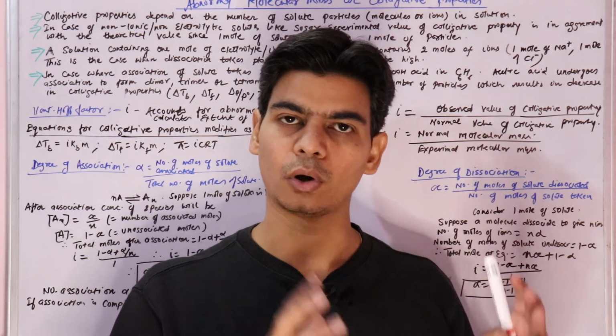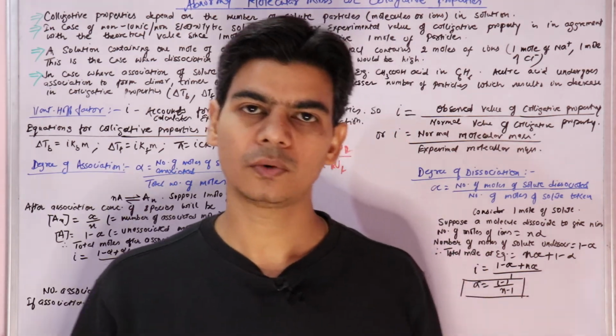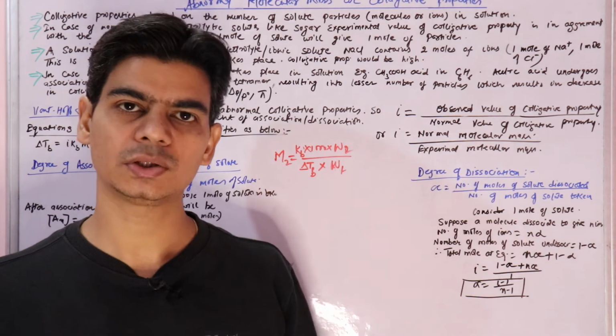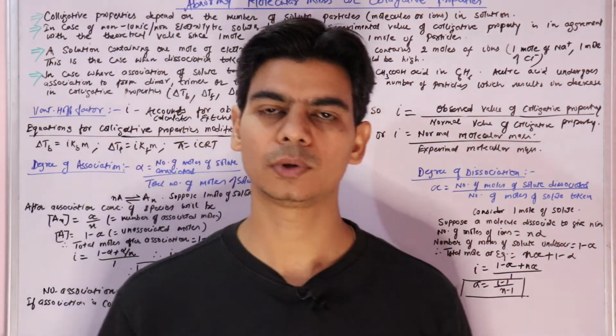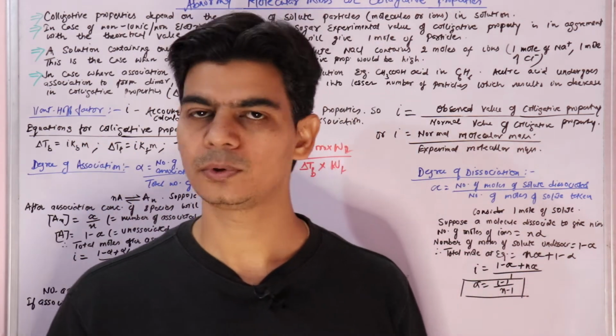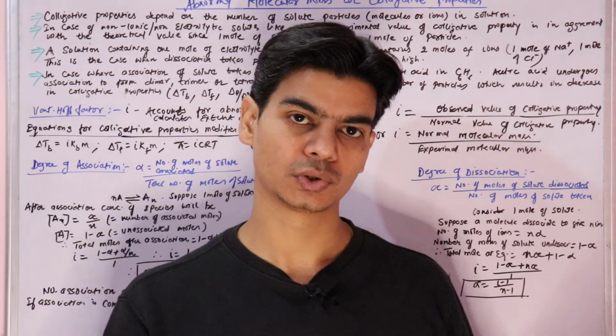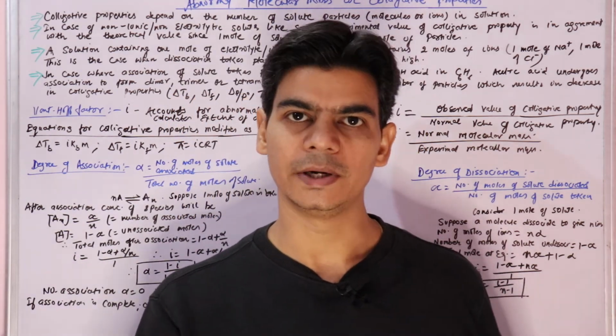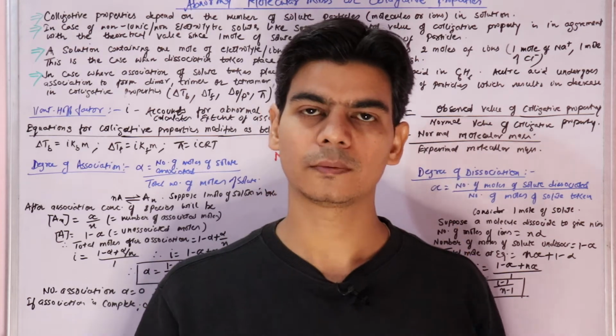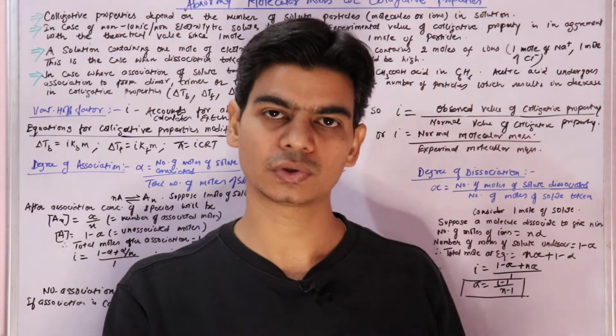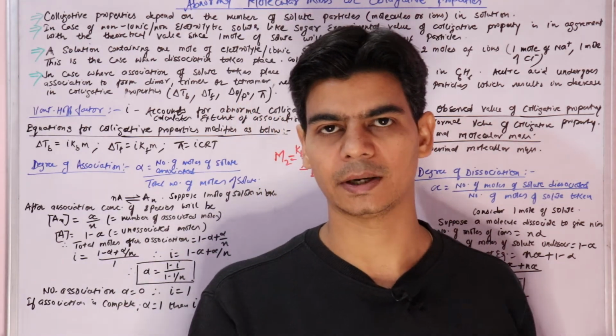Because it's non-ionic. Suppose now we take an ionic salt, let's take sodium chloride. If we take 1 mole of sodium chloride and dissolve it in solvent, it will dissociate into sodium ions and chloride ions.